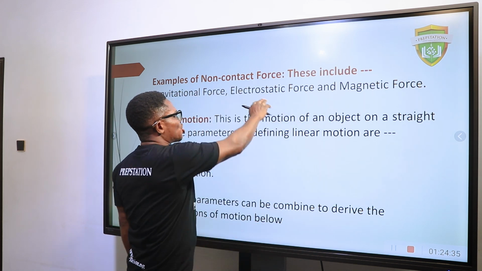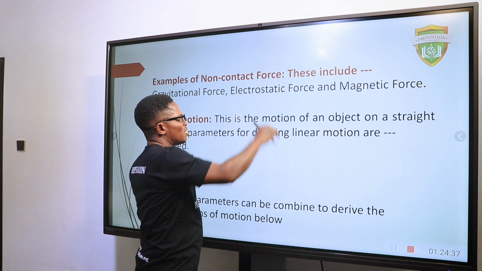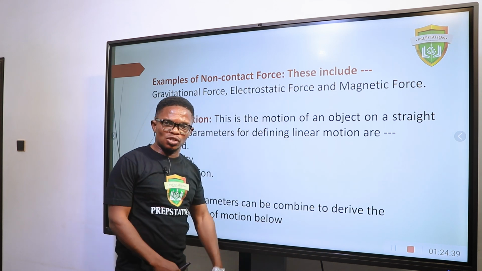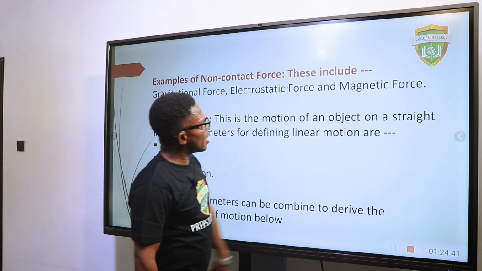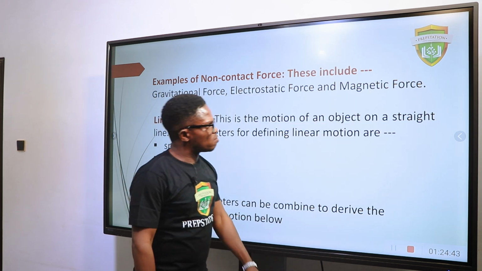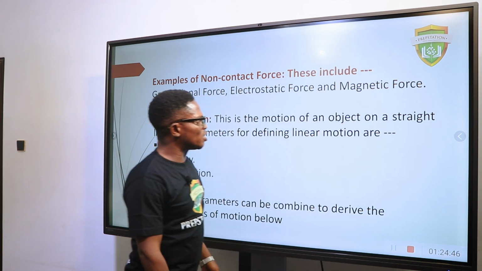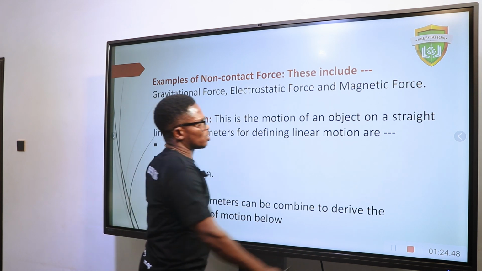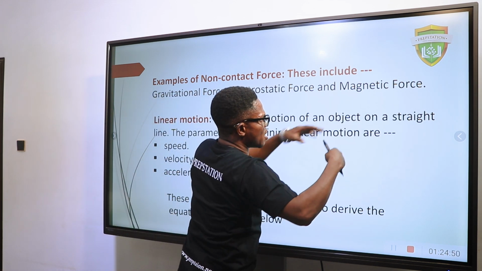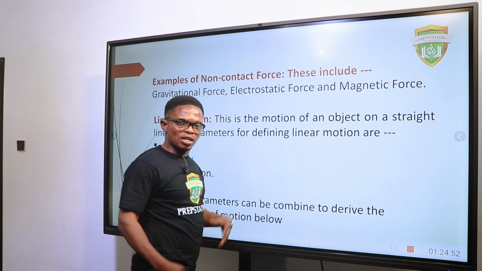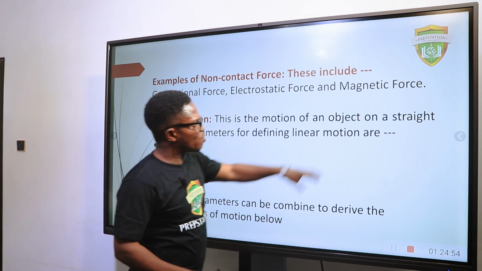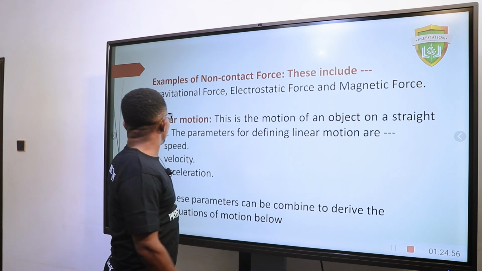Forces due to what? Charged bodies. This is called electrostatic force. Forces due to charged bodies. And then you have the magnetic force. Everyone knows about this, magnetic force. It is the force by which a substance attracts other metallic material to itself.